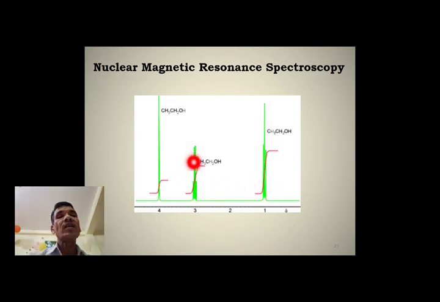This signal appeared as a quartet, while this signal given by the hydrogen atom of the hydroxyl group appears as a sharp singlet.